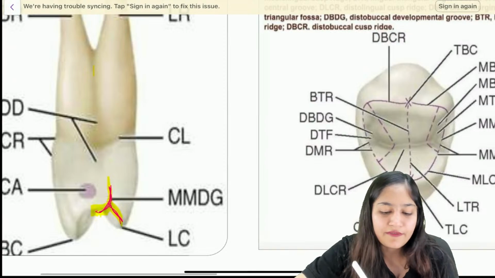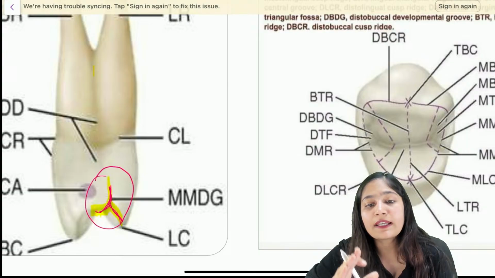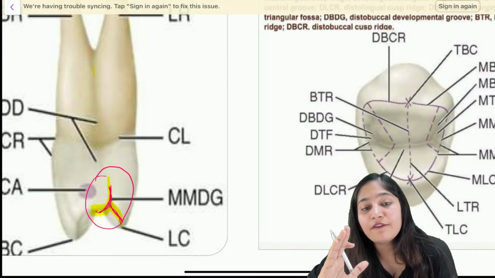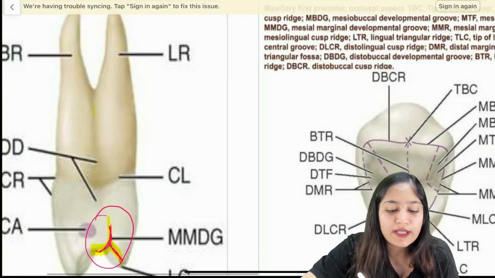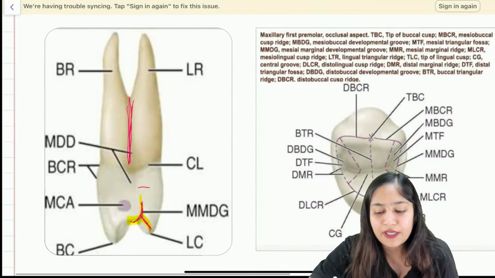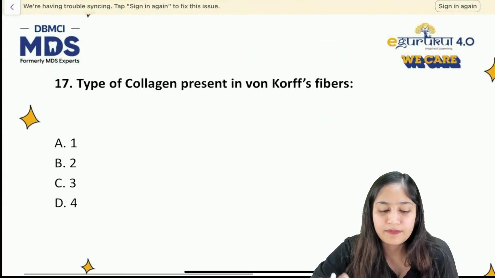So this is our mesial marginal developmental groove, which is a characteristic feature of the permanent maxillary first premolar. On the root also you can see a depression present, that is the mesial marginal depression, the mesial developmental depression.